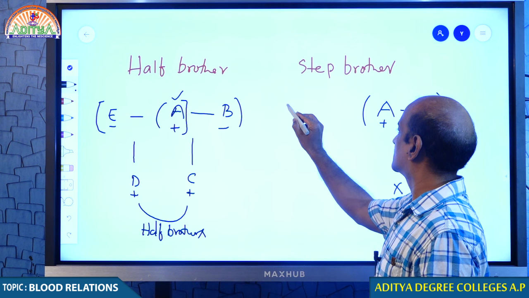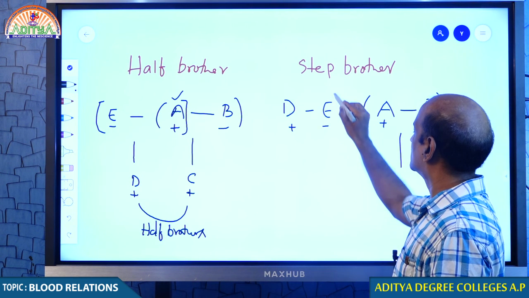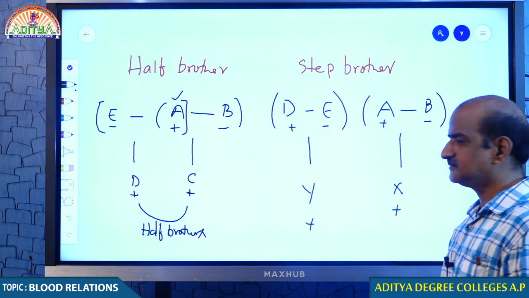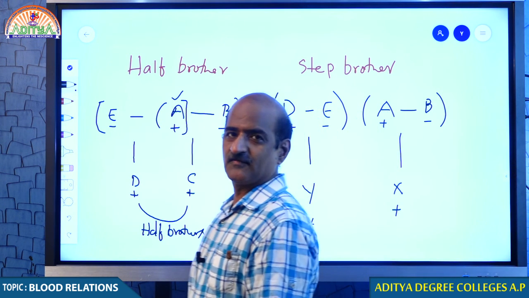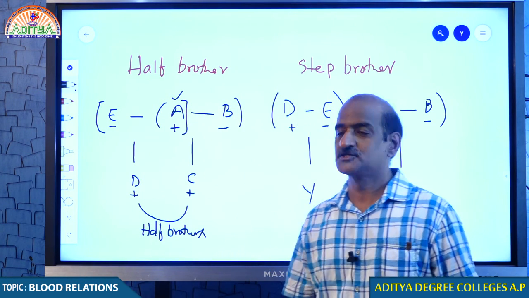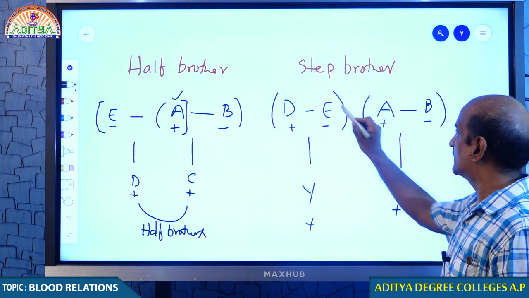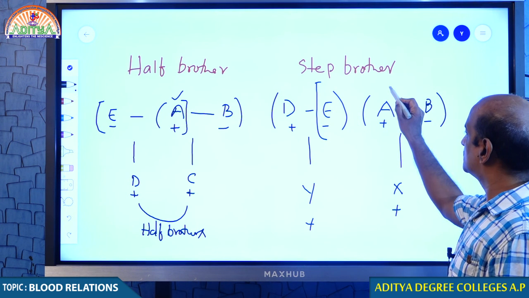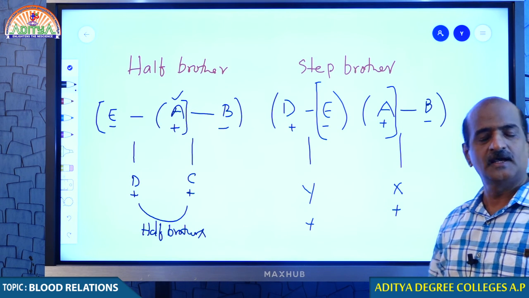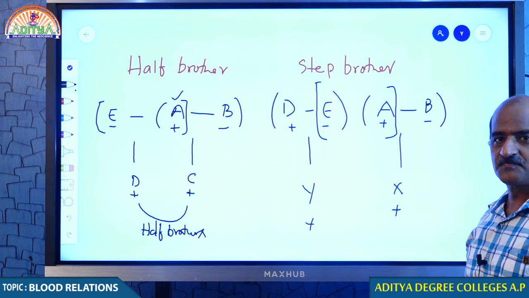Let me suppose D and E are another couple, they have another son Y. X is son of one couple and Y is son of another couple. For some reasons, if these two couples got separated, after some time these two people got married.